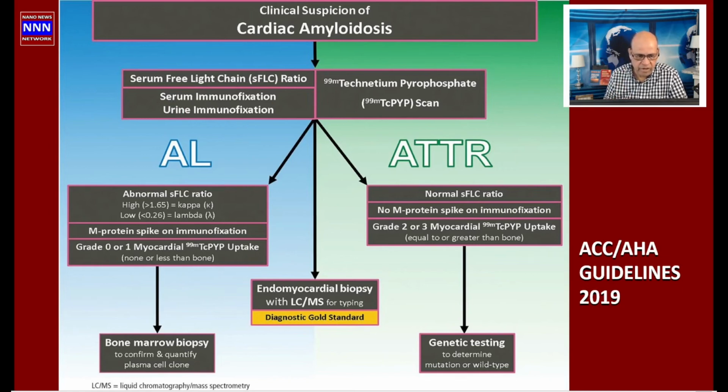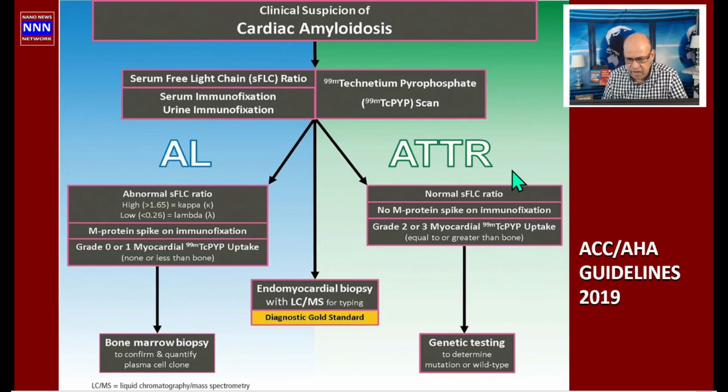It is predominantly seen in patients with heart, liver, and kidney involvement, and one way to find out is to do the serum free light chain ratio along with a bone marrow biopsy looking at plasma cells, looking at the plasma cell cloning and duplication of these abnormal plasma cells which produce these amyloid deposits.